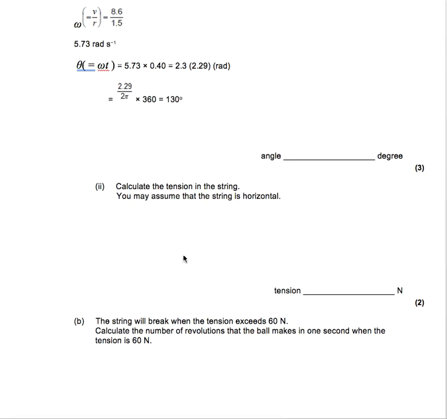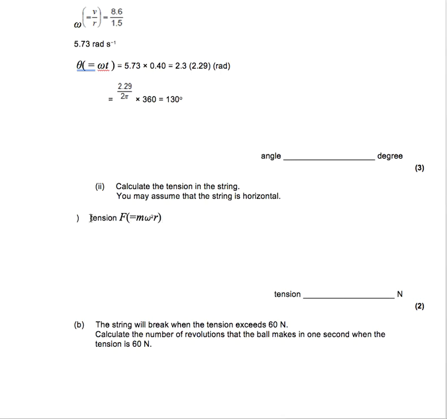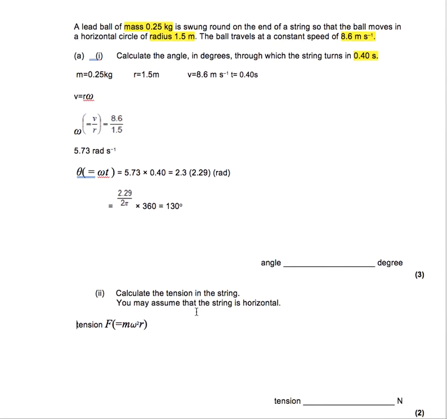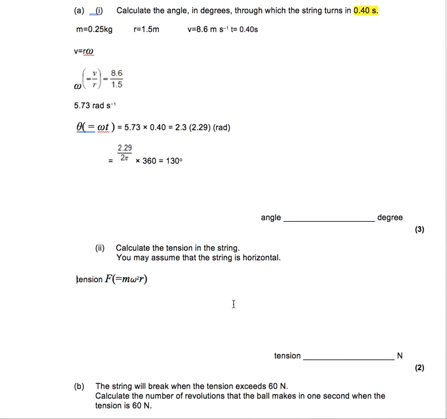My first thought is that my tension will equal m r omega squared or m v squared over r. I might be tempted, given that I know v, to use v as well, but I've worked out omega and I'm happy with that. So m v squared over r, or m r omega squared, as you choose.